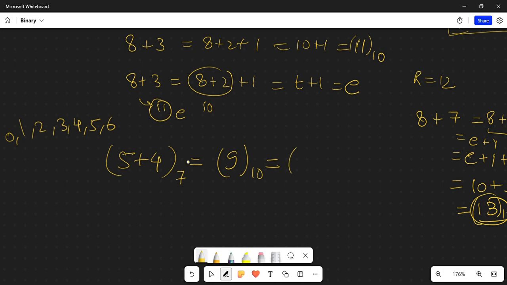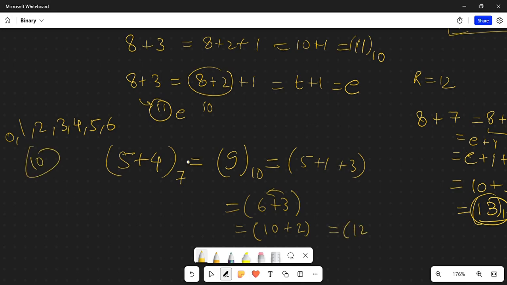So what we will do is 5 plus 1 plus 3, so this becomes 6 plus 3, and beyond 6 we do not have anything, but we could do 10 because we took 1 from this, plus 2. We took 1 from this, and when 6 is added to 1, we have 10 in this number system. So now we have 12 on this radix of 7. Yeah. So this is how we convert for a radix smaller than 10.